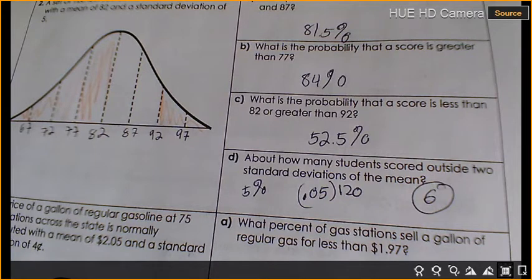I bet you put 0.5 instead of 0.05. Just make sure you type it into the calculator correct and you'll be fine. That's kind of the problem usually, right, Abby?